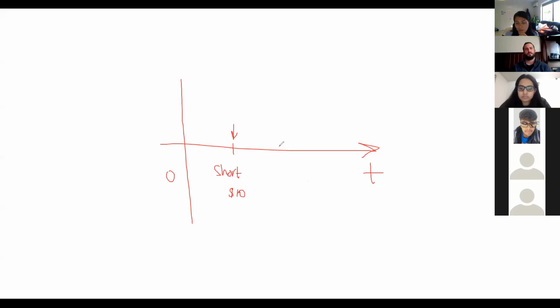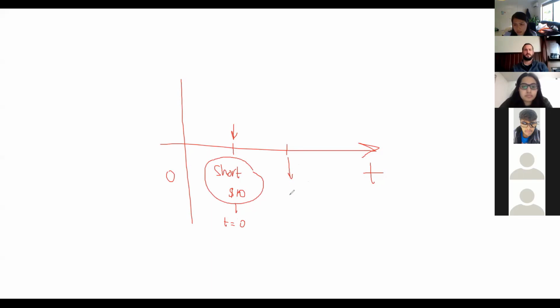So I'm going to have to buy the shares at a future date so that I've got the shares to deliver to my buyer. So when I short sell, I will be locking in a selling price. But later on, I'm going to have to deliver the shares, and to be able to deliver, I'm going to have to buy it from somewhere else.